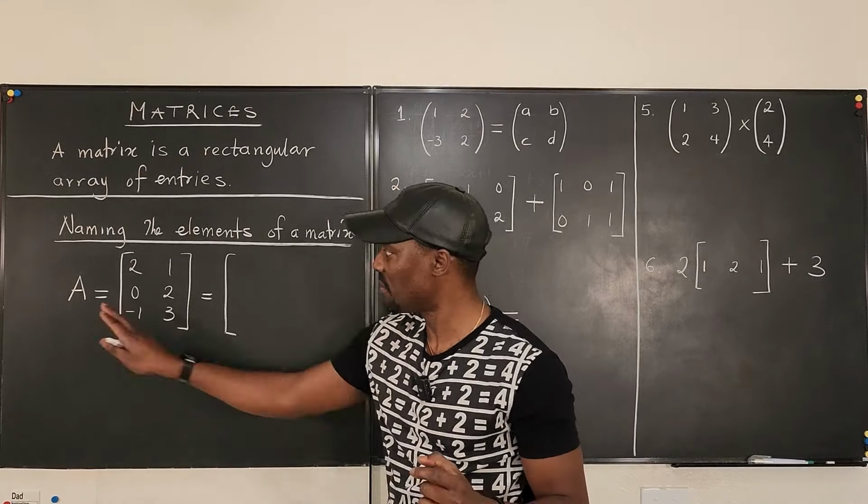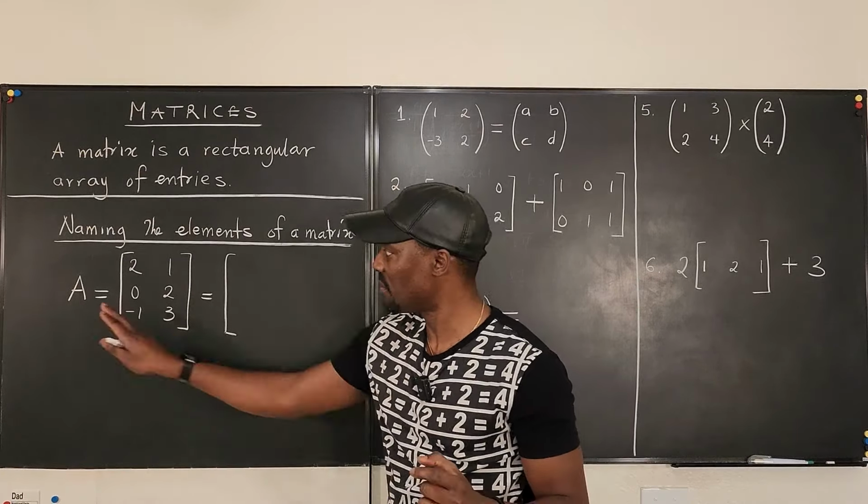You name it as A, 1, 2. This is occupying the second row but the first column, so you name it A, 2, 1. This is occupying the second row, the second column, you name it A, 2, 2. Third row, first column, A, 3, 1.